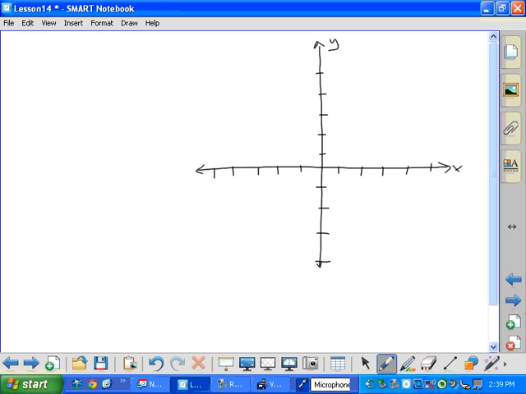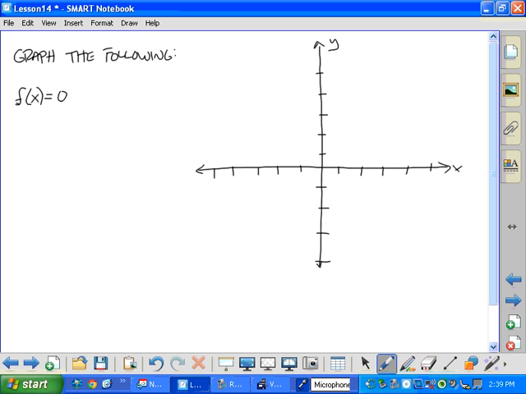Okay, so the instruction here is going to be graph the following. I'm going to do one example, and if you're still not sure on this, when you get to the homework, you can come and ask me. It really shouldn't be graph, it should be sketch, but I'm not going to change it now.